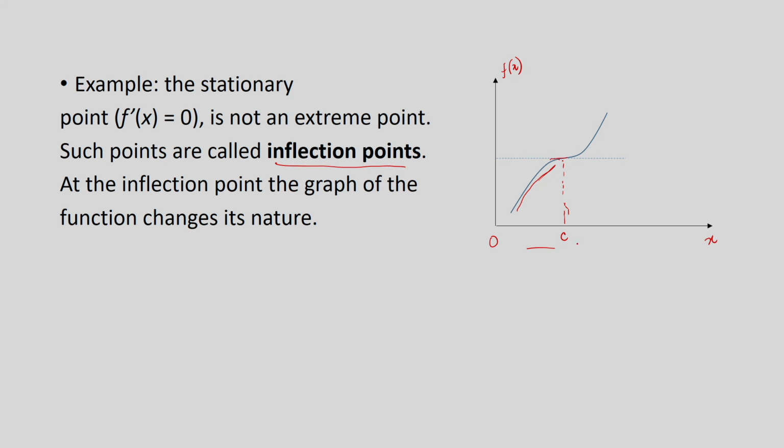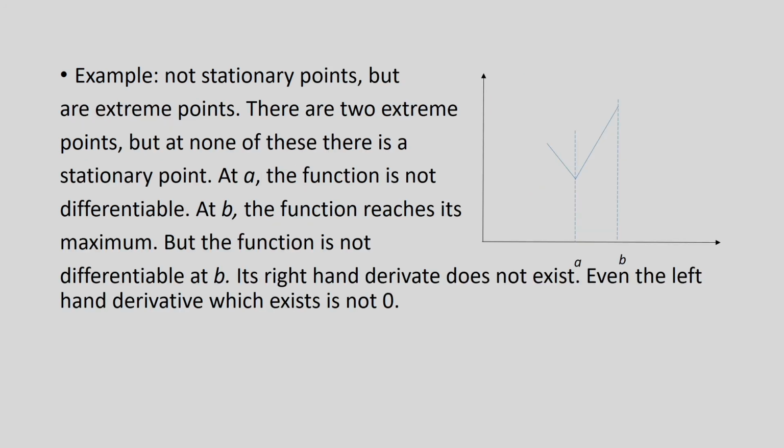But to the right of c, the function is rising at an increasing rate. It is getting more and more steep to the right. That is why I am saying that at the particular inflection point, the nature of the graph of the function changes quite a lot. We are going to talk more about that in some later lecture.